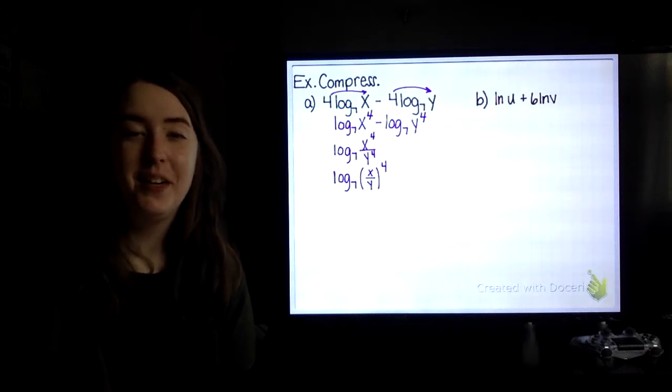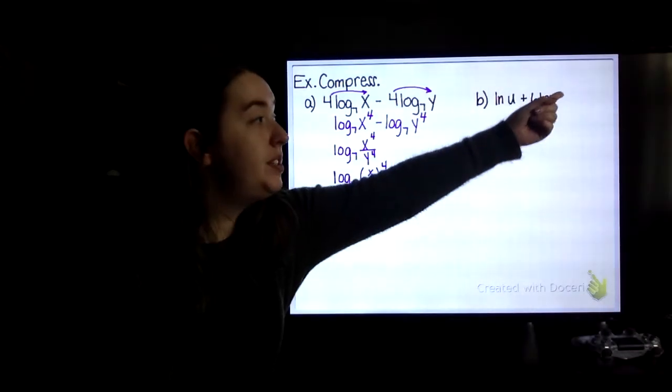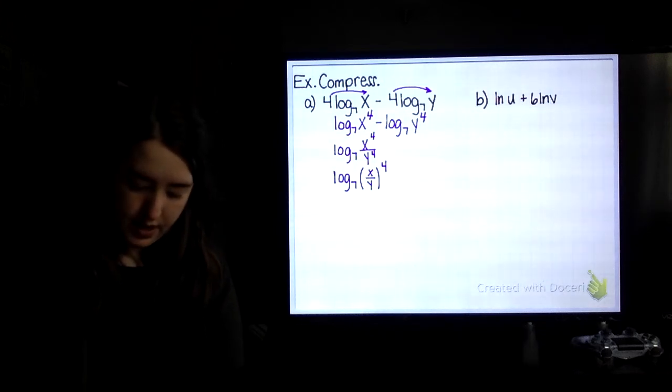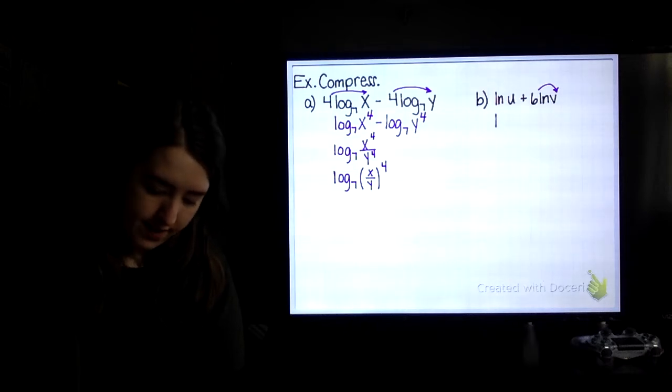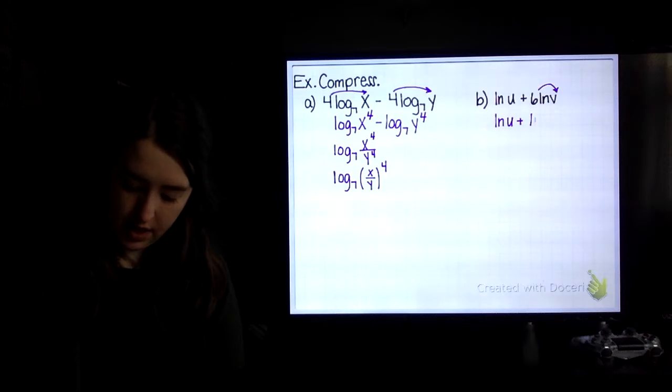Okay, over here we have the natural log of u plus 6 natural log of v. So as we saw a second ago, this coefficient used to be an exponent, so I'm going to take that back up to be an exponent there on v. So I have the natural log of u plus the natural log of v to the sixth.